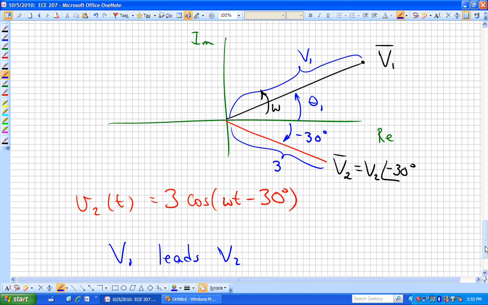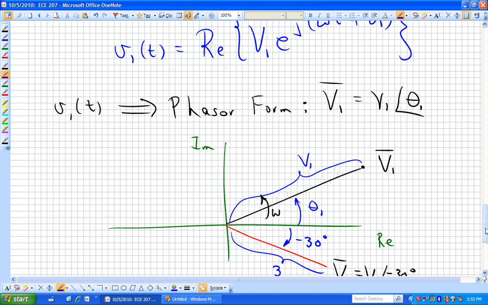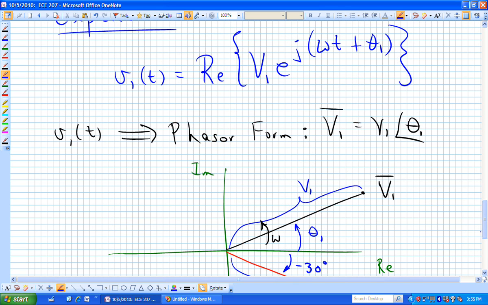So if you wanted to think of what this v sub 1 of t was doing, if you view v sub 1 of t as a vector with amplitude or magnitude V1, so there's a line, and now it spins at a value of omega.